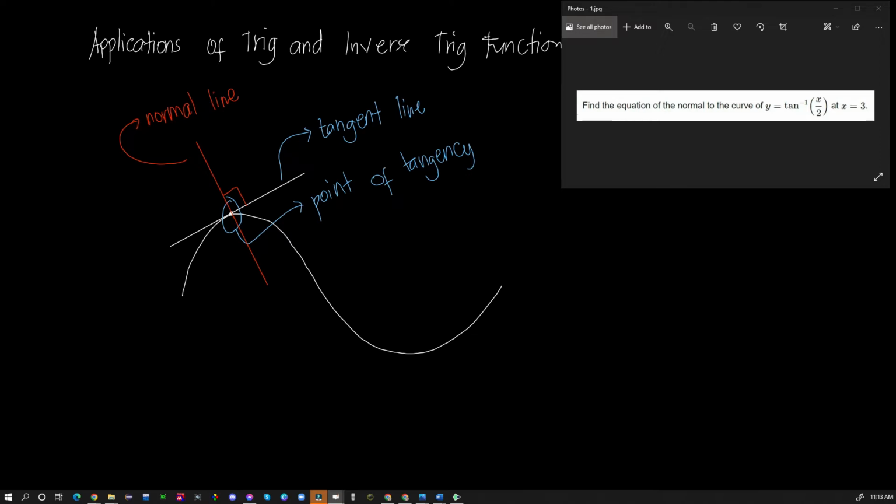Given a curve, let's just say f of x, unsaon pagkuha sa slope sa tangent line? Okay, it is a fact that the slope of the tangent line is basically the first derivative of your function.